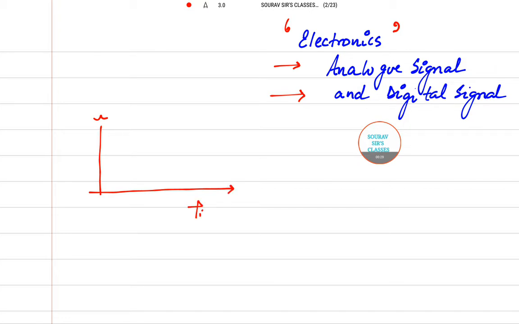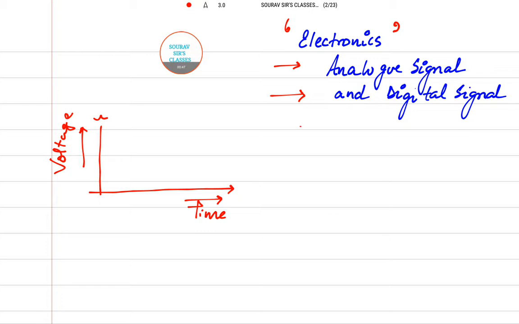So here I'll be measuring time, so this side is our time, and on this axis we have voltage. Okay, and let me make one more. So here again I have time on this axis, so T, and again I'll be having voltage, that is this way.